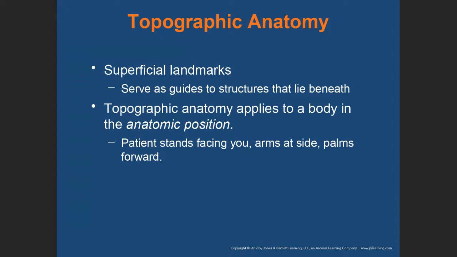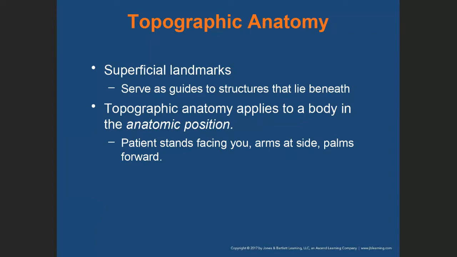The focus of this chapter will be mostly on topographic anatomy. So it's going to be heavily geared towards topographic or surface anatomy and not necessarily microscopic anatomy. Superficial landmarks serve as guides to structures that lie beneath.